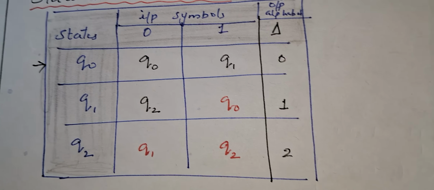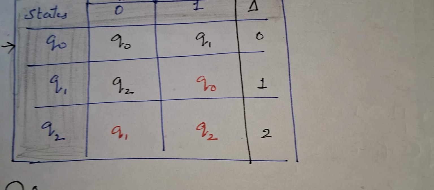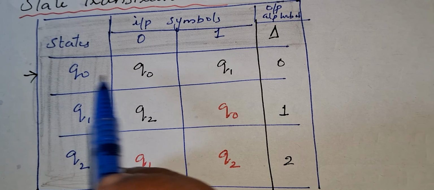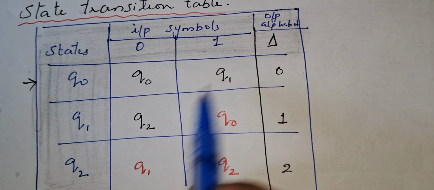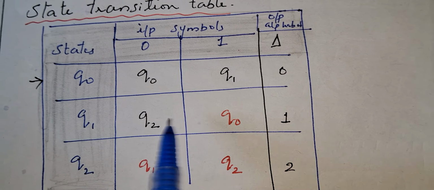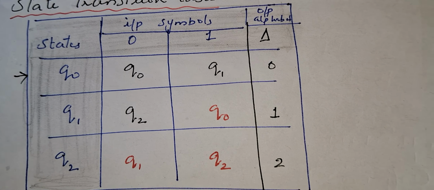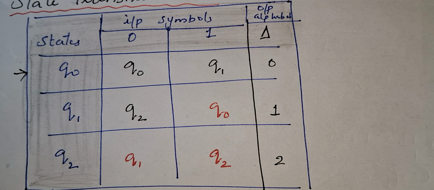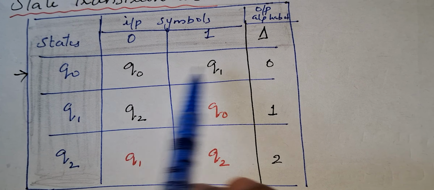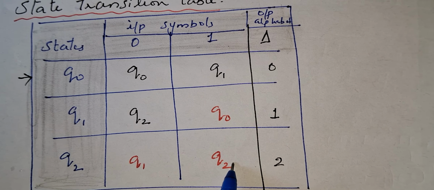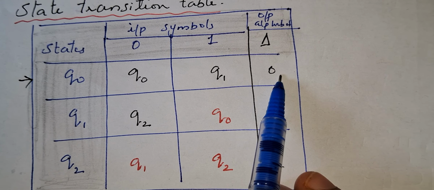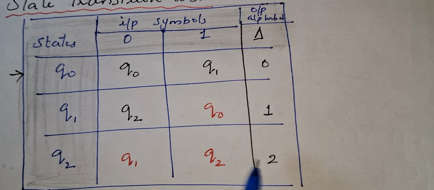The simplest method, if you have a binary number, you need to write like this: Q0, Q1, Q2. Again start the same sequence, Q0, Q1, Q2. No need to think about the transition diagram or anything. Just write like this, Q0, Q1, Q2, then Q0, Q1, Q2. I already told you Q0 will produce output 0, Q1 will produce output 1, Q2 will produce output 2.